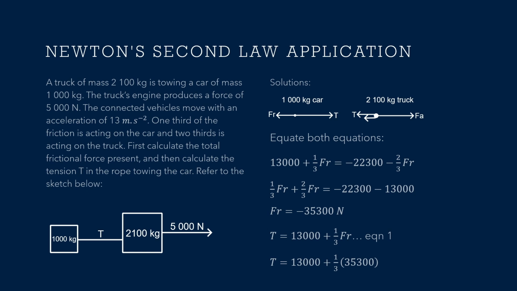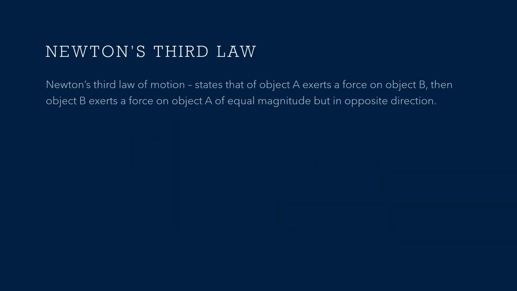And hence I've substituted in the 35,300 without the negative sign, because the negative sign only represents the direction. And hence I will have the tensional force equal to 24,766.67 newtons.